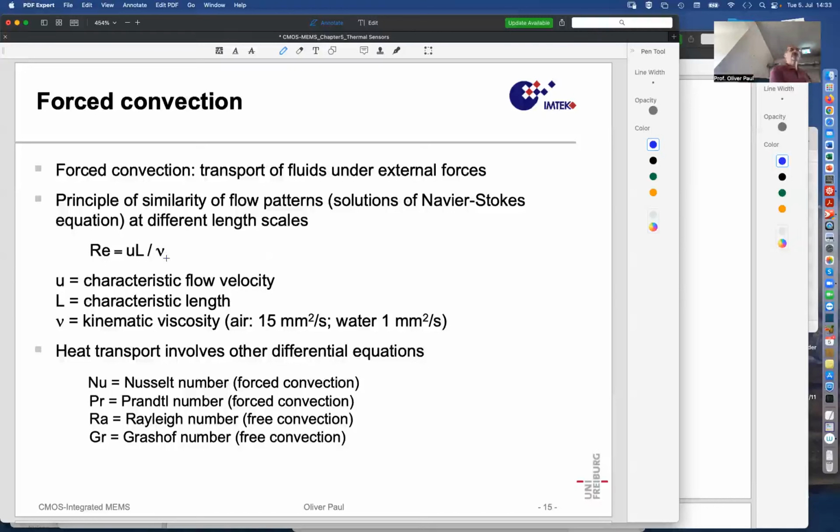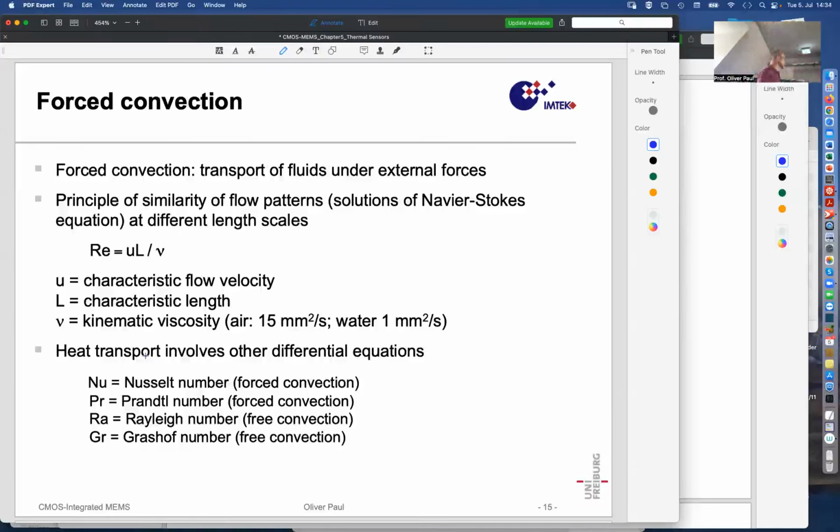But if you say, I'll consider a situation in the macroscopic regime with dramatically small flow velocity and in that length, I will have the same pattern as in this microscale situation. So that's very handy. And we're here concerned with heat transport.